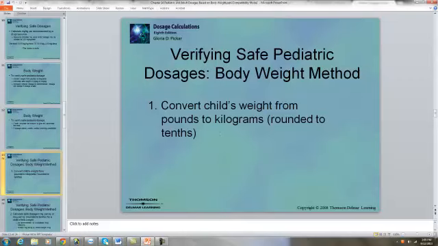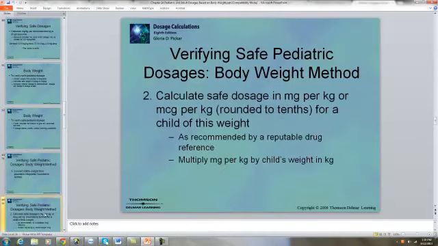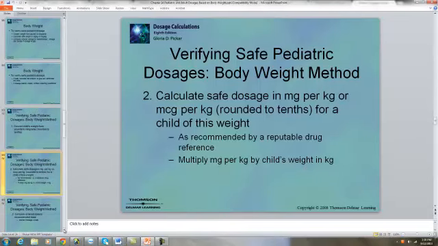So to verify safe pediatric dosage, number 1, convert the child's weight from pounds to kilograms and round to tenths place. Then calculate the safe dosage in milligrams per kilogram or micrograms per kilogram, rounded to tenths, for a child of this weight, as recommended by a reputable drug reference, and then multiply milligrams per kilogram by the child's weight in kilograms.